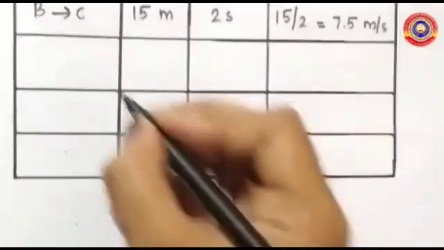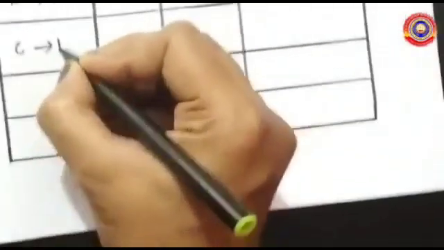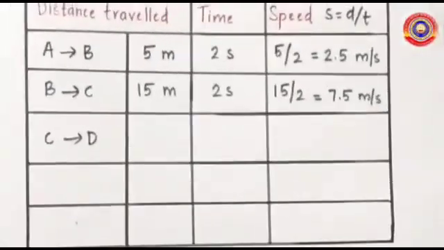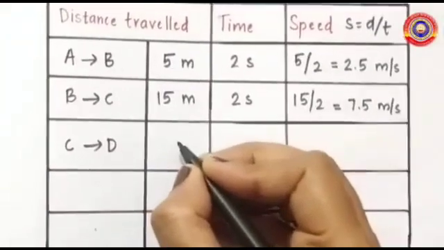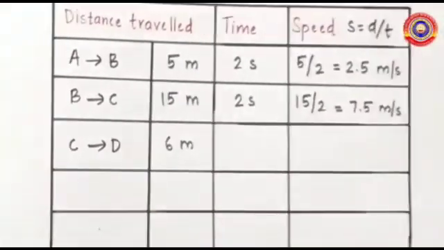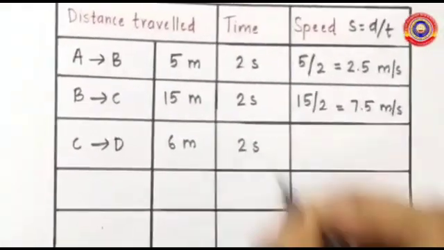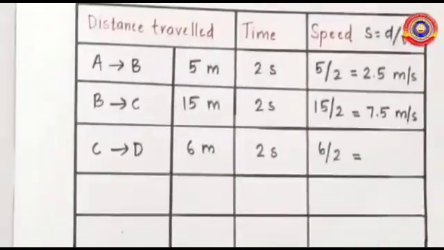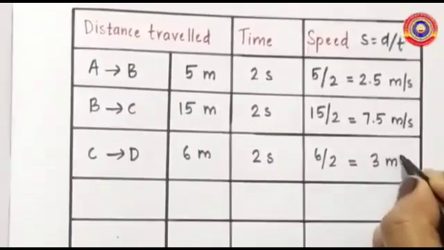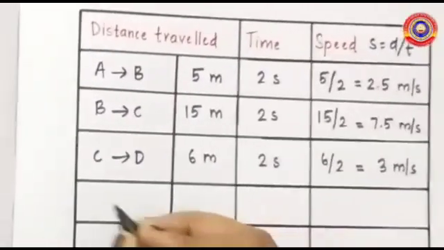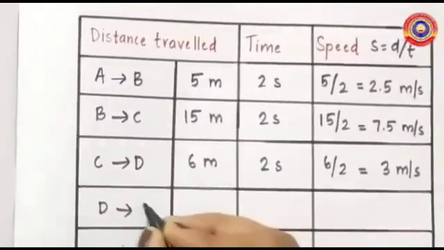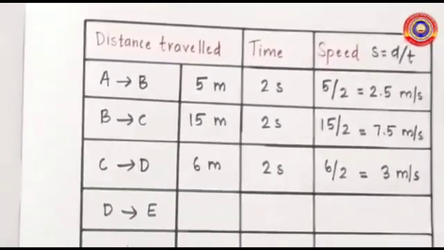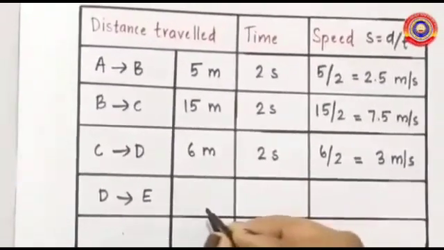7.5 meter per second. In the next 2 seconds, C to D, the distance covered is 6 meters and the time taken is 2 seconds. So speed equals 6 by 2, that is equal to 3 meters per second. Next, D to E. The distance is 18 meters.